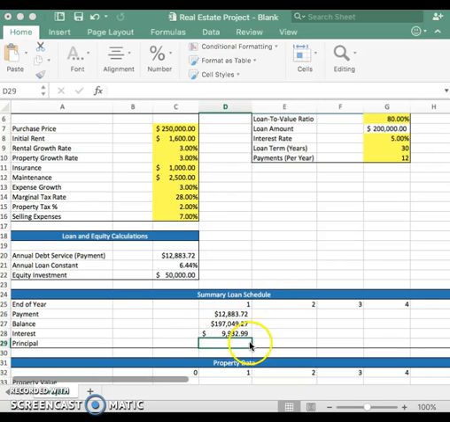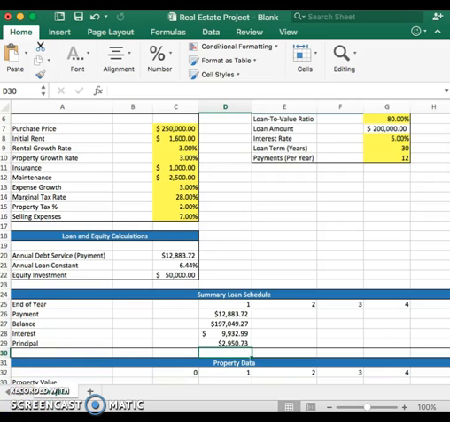For the summary loan schedule, we just have to find the principal paid, which is done by taking the payment and then subtracting the interest from that, which is $2,950.73.